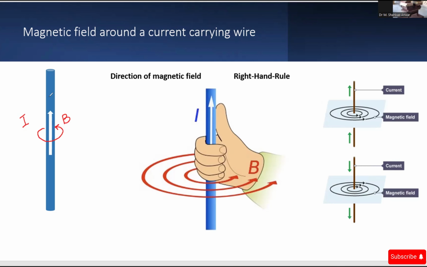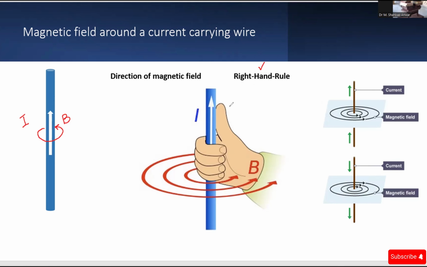So what is happening here is that the flow of the current is developing the magnetic field, and this magnetic field can change its direction with the change in the direction of the current. And the magnetic field direction in a current carrying wire can be determined using the right hand rule.